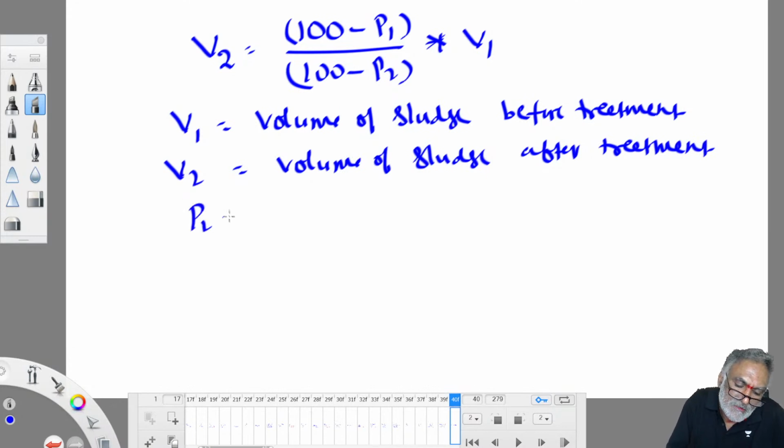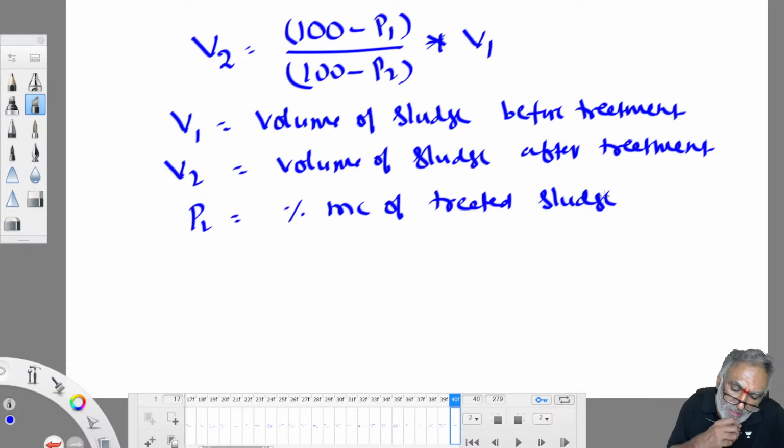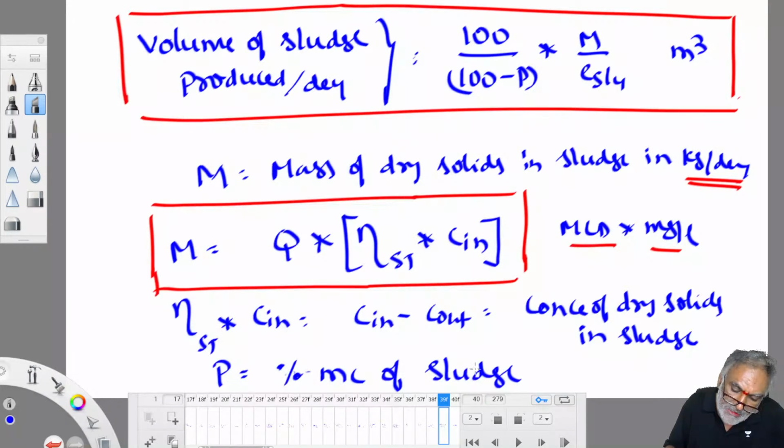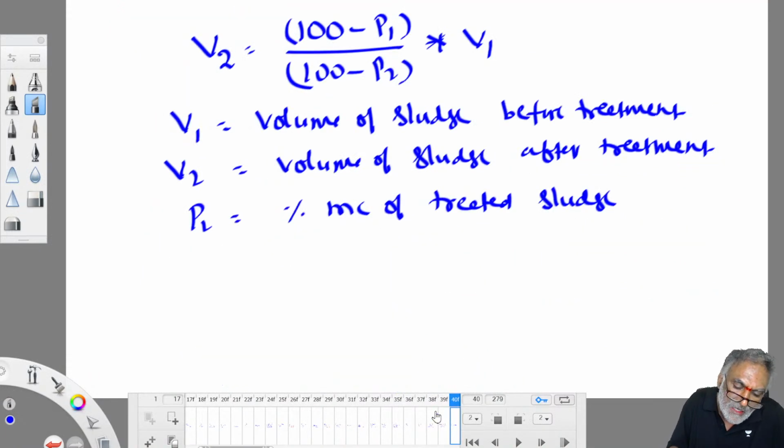P1 is the percentage moisture content of raw sludge, untreated sludge or fresh sludge.